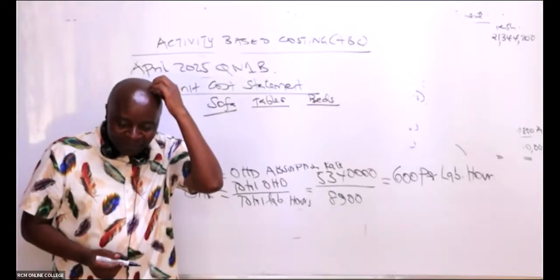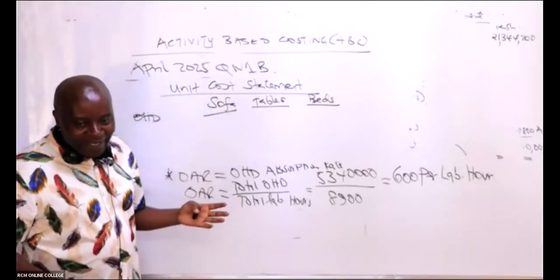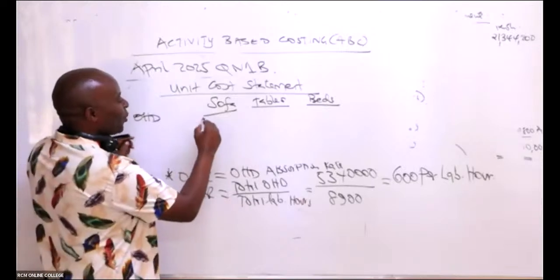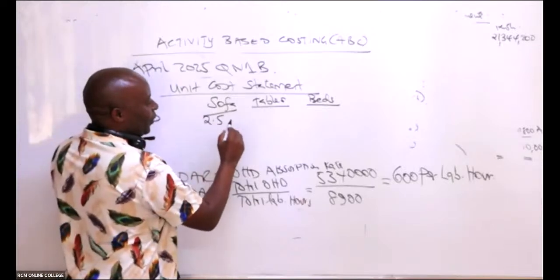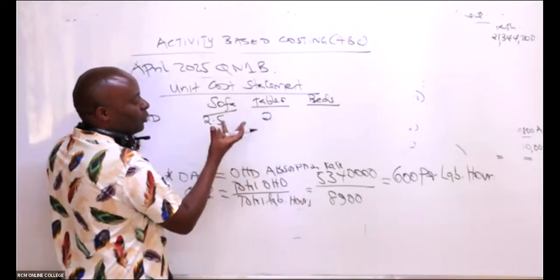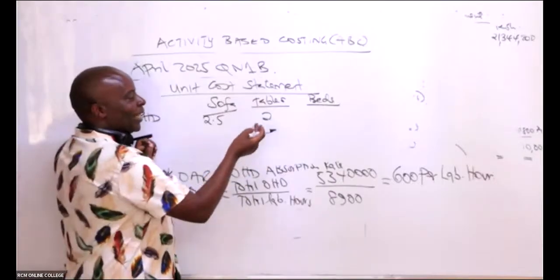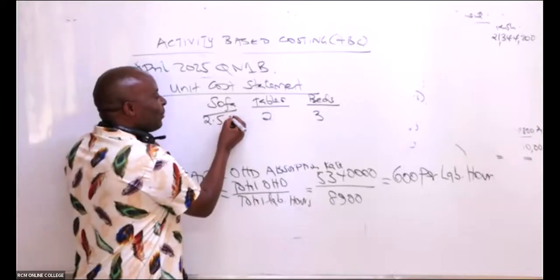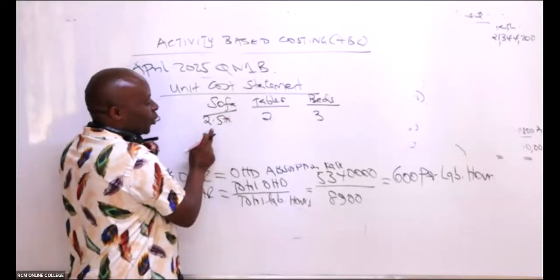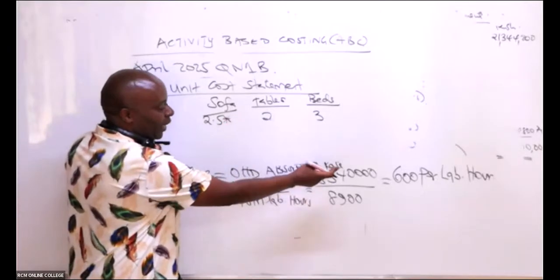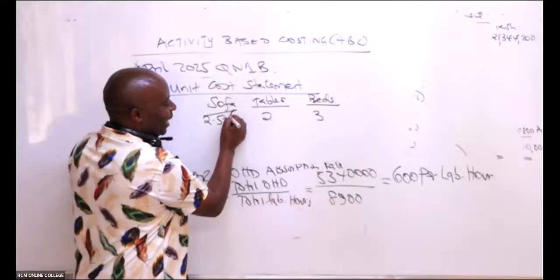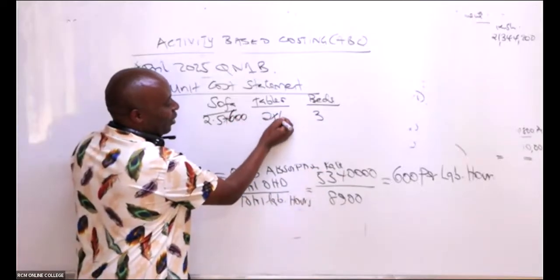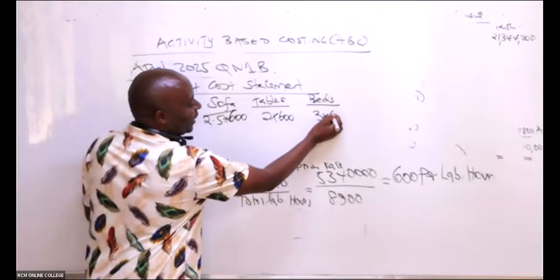It's given there, 2.5. Tables, you told me we need 2 hours to make one table. And then beds, 3 hours. Do we know how much in terms of overhead it will cost us to make a sofa per hour? Yeah, 600.